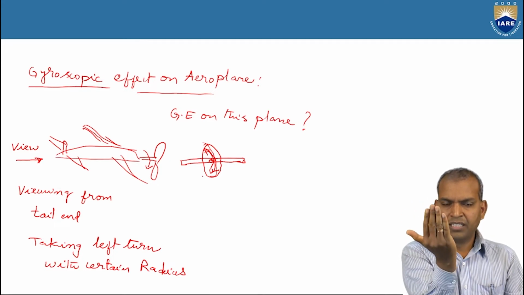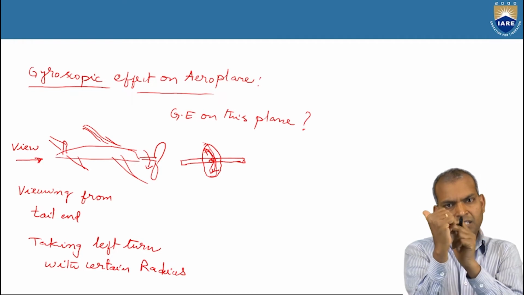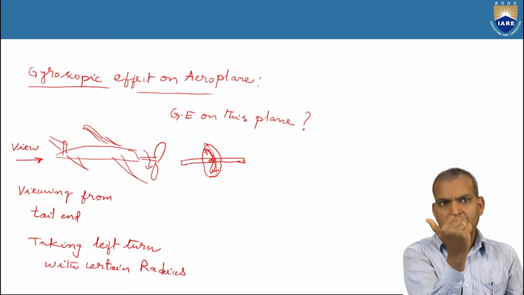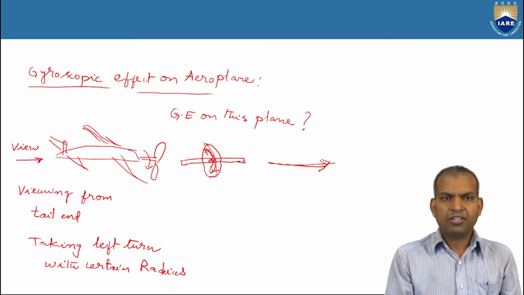If you fold the fingers in the direction of rotation of your disc, this thumb indicates the direction of the angular velocity. So this is the direction. What is the magnitude? The magnitude of the angular velocity represents the length of the vector.